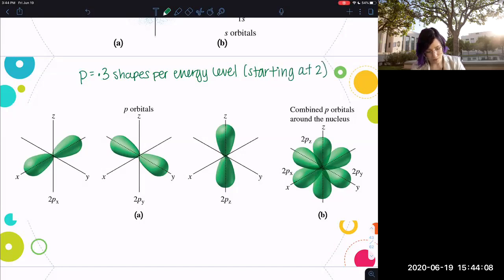Starting at energy level 2, n equals 2, energy level 2. So 2 electrons per shape again, for a total of 6 electrons.